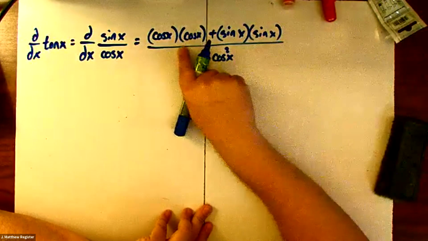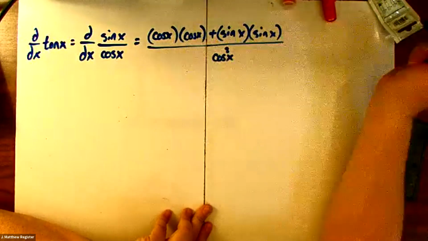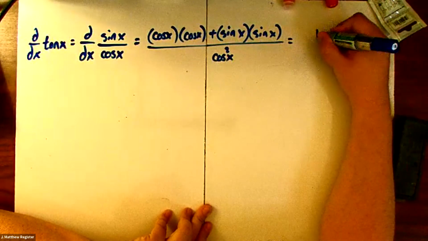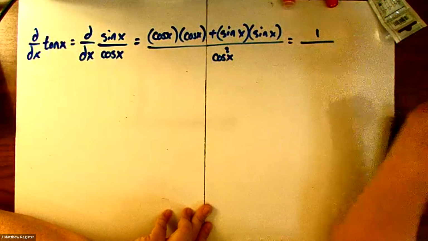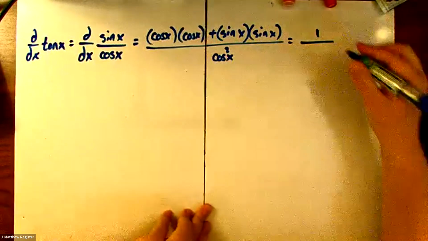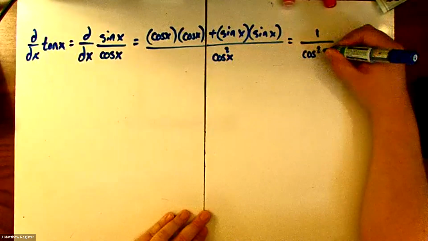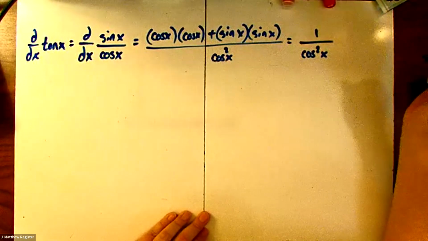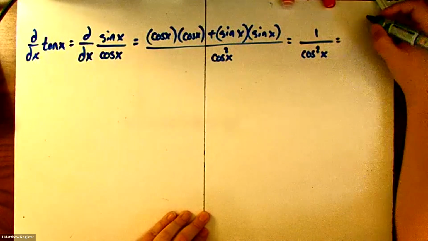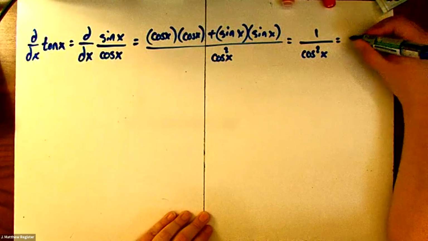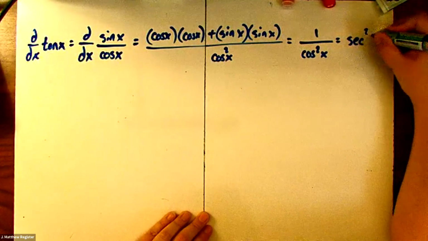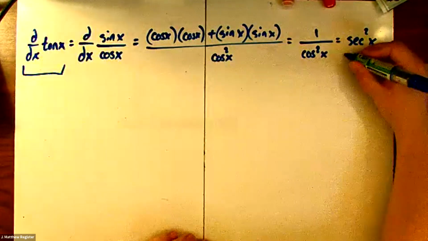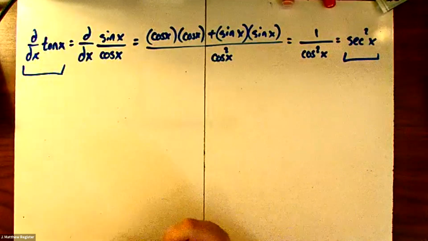Well, this gives cosine squared plus sine squared in the numerator. And cosine squared plus sine squared is 1. That's our trig identity, the Pythagorean identity from back in trig. And so we get 1 over cosine squared of x, but 1 over cosine, we have an identity for that also. 1 over cosine is secant. And so we get the derivative of tangent is secant squared.